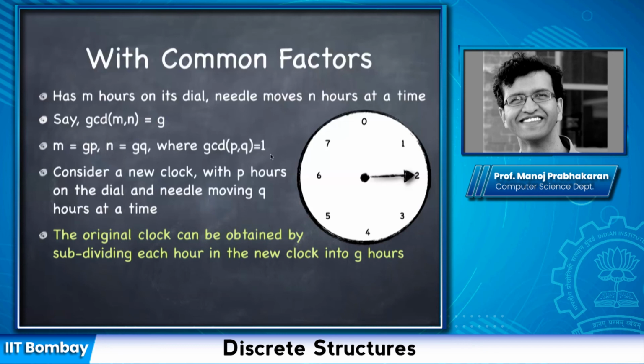So you just think of it as going and painting in more hours between each hour of the new clock, and that would be that. What you get would look exactly like the old clock. If you forget the numbers, if you just look at the divisions of the hours, it has m hours on the dial, and the needle is moving n hours at a time.